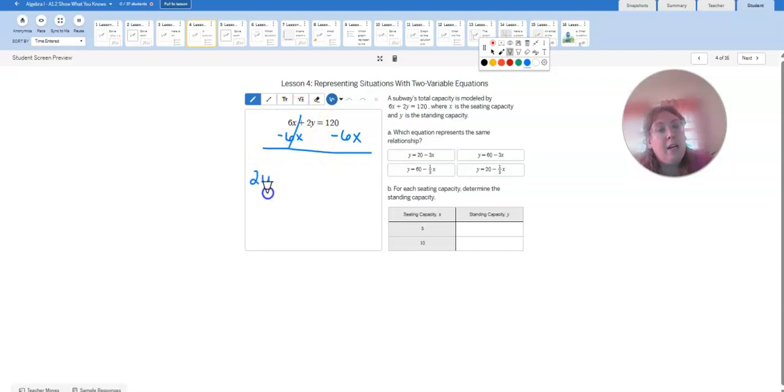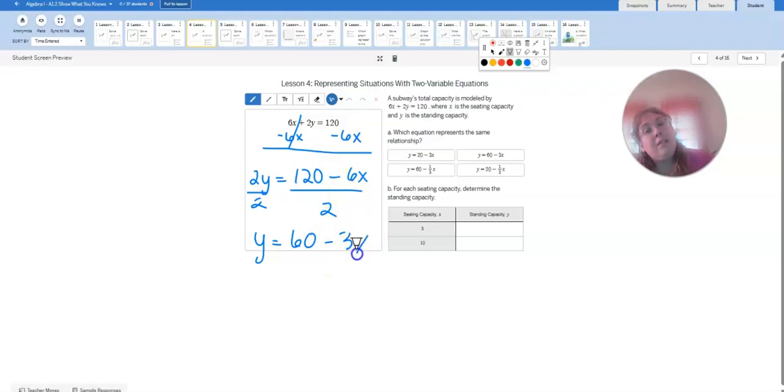And then we get 2y equals 120 minus 6x. And then we're going to divide everything by 2 to get y equals 120 divided by 2 is 60. Negative 6 divided by 2 is a minus 3x. So we have 60 minus 3x there.